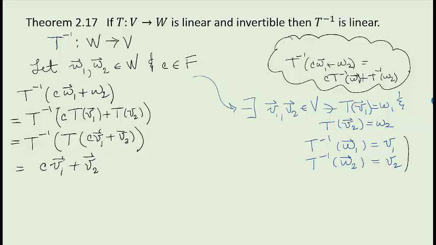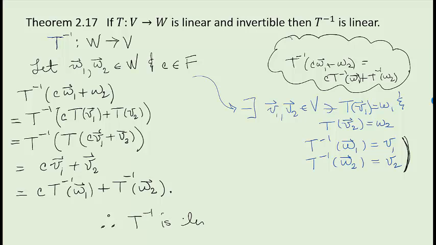And we know over here V1 is equal to T inverse of W1. So I can write C of T inverse of W1 plus T inverse of W2. And that's exactly what we wanted. Therefore, T inverse is linear.